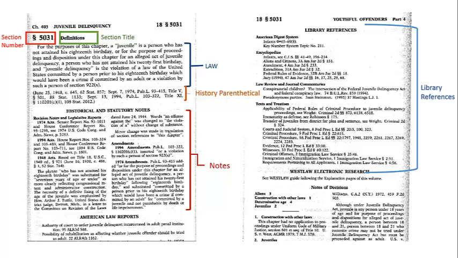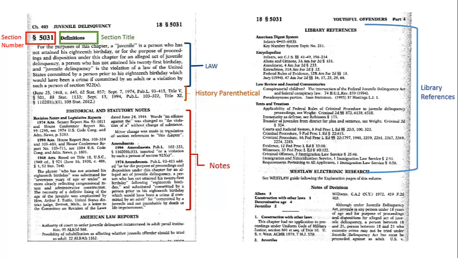The next thing you have, if you're looking at an annotated version of the statutes or of the code, either the United States Code Annotated or the United States Code Service, is a group of references called library references.